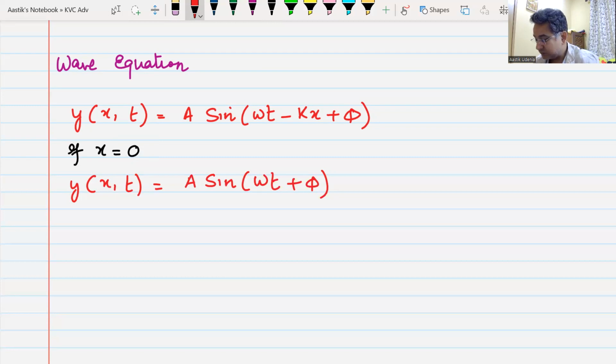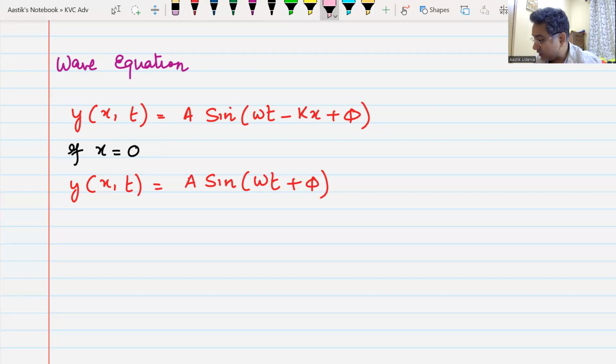SHM, sir. Of what? Of a particle. Where is that particle? At x equal to 0. Yeah.